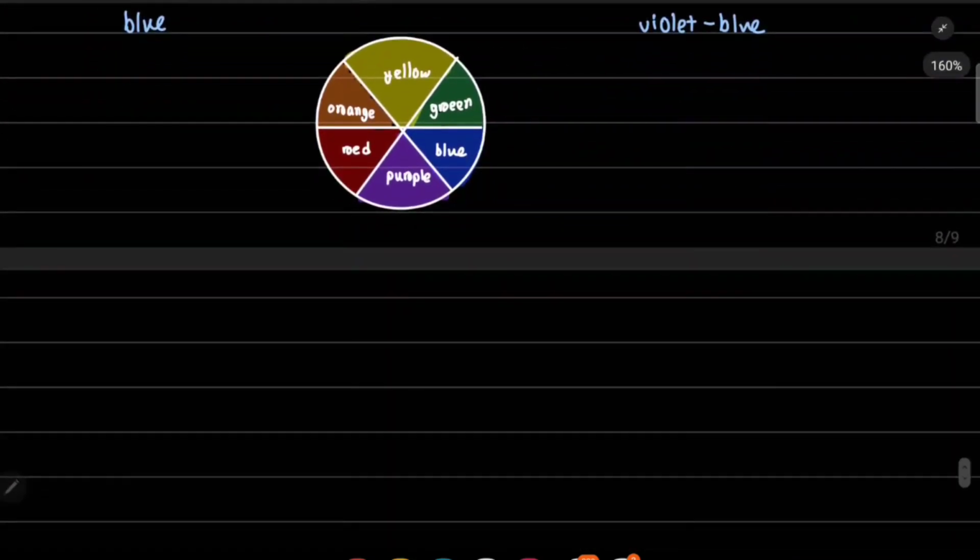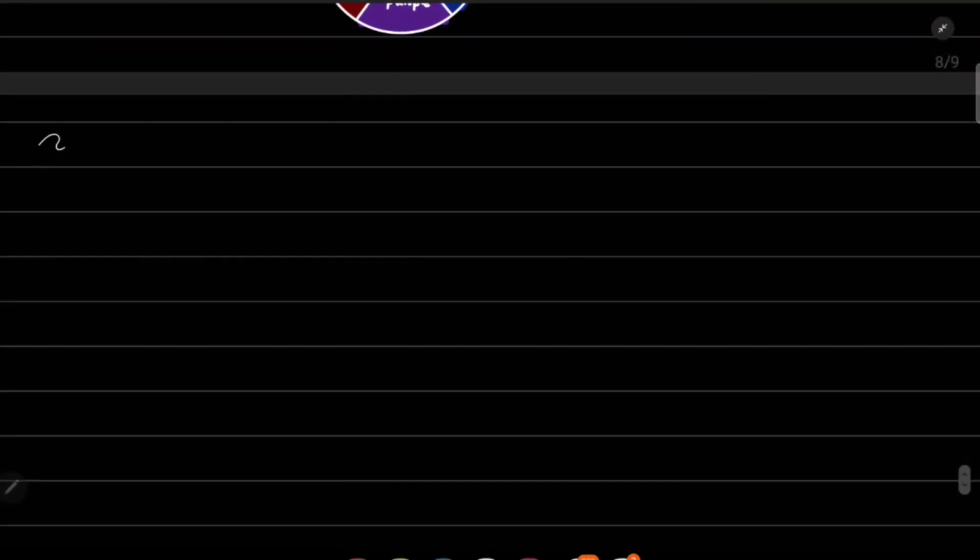Now other factors that affect the color of a transition metal complex are the coordination number and the oxidation number of the transition metal. So the effect of oxidation number: the oxidation number affects the color because if the oxidation number is higher, the charge density will be greater because the ion is more positive.